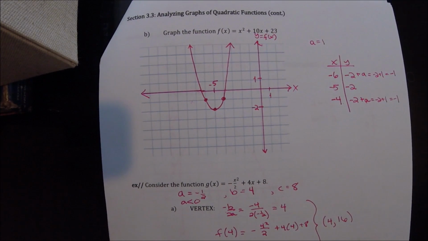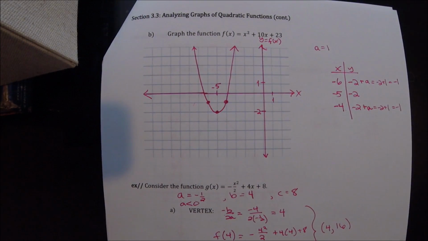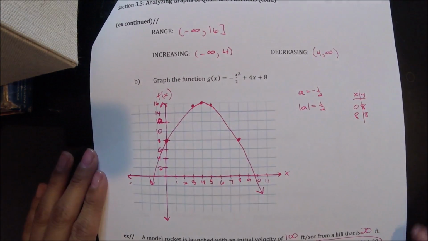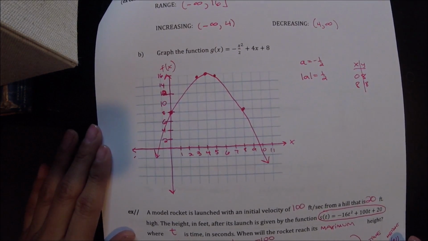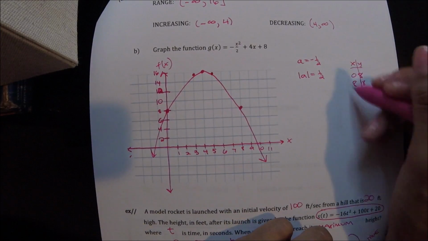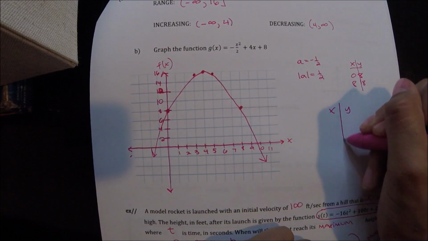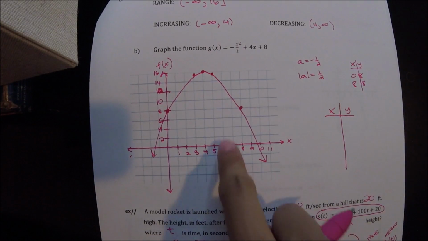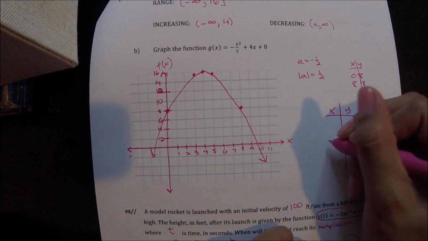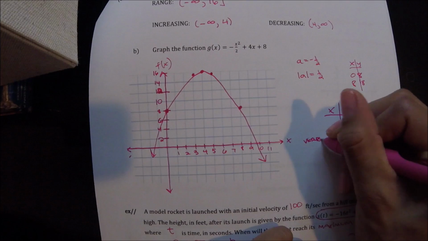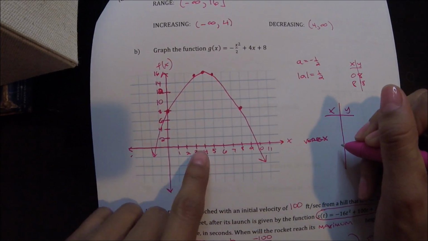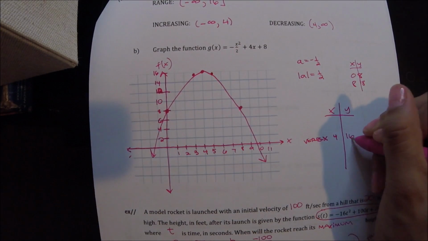All right, and then I think we have one more on page 6. So we already plotted some, but let's just do this technique. So the vertex turned out to be 4, 16.